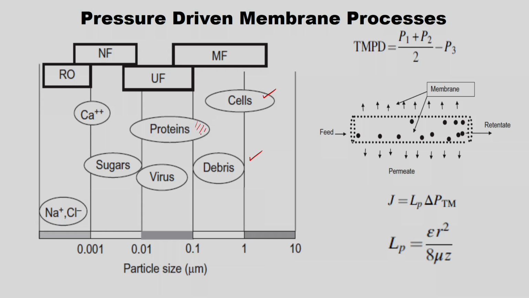Protein has this overlap, so it is not a clear cut definition. You cannot say all protein can permeate, and also you cannot say all of it is retained on the membrane surface, but cells and debris are normally removed. Then in ultrafiltration, proteins and viruses are retained and it allows sugars, but anyway there is no clear cut particle size range.